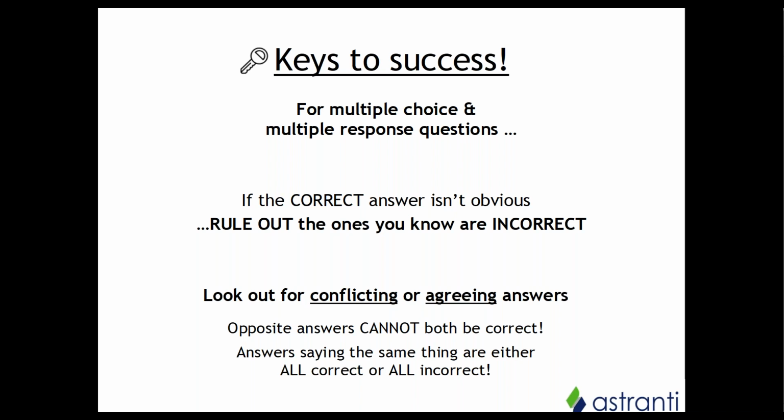Whereas if you've got one that says the company should do X or the company should not do X, and you know that doing X is the correct answer, then selecting the option that is the opposite can't also be correct because it would be a conflicting answer.